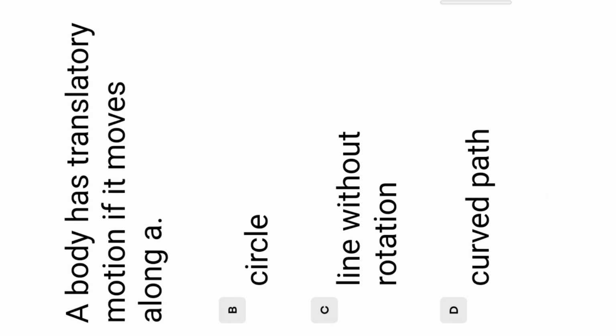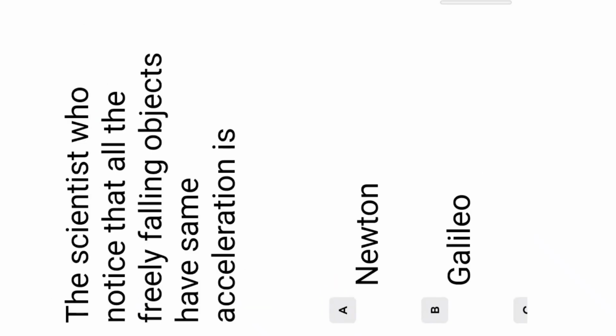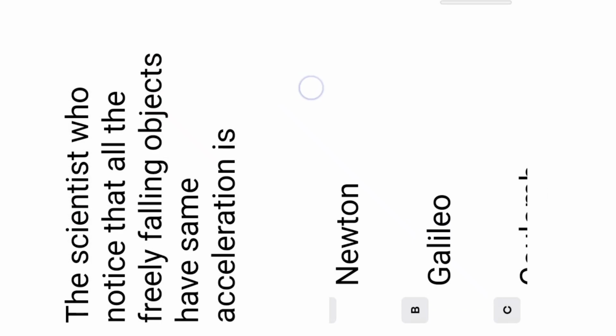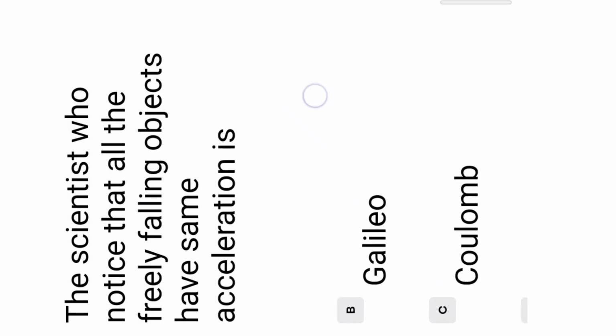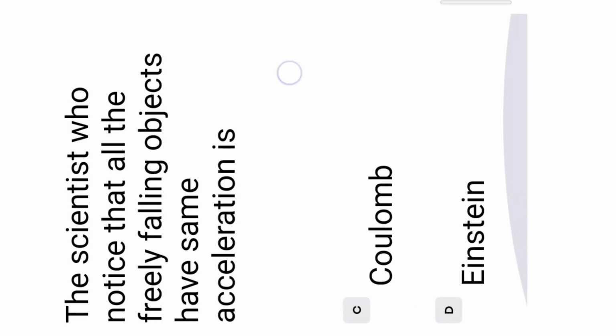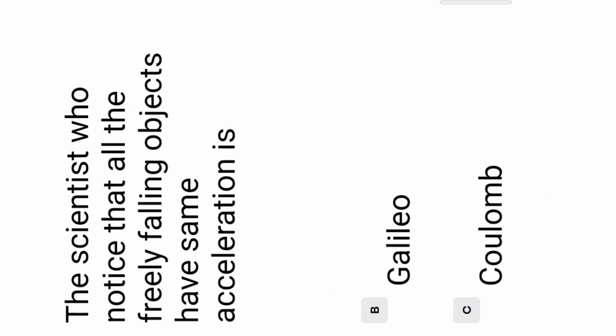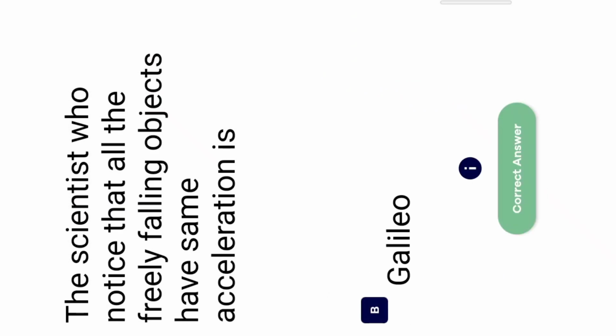C is the correct answer, line without rotation. The scientist who noticed that all freely falling objects have the same acceleration is A Newton, B Galileo, C Coulomb, D Einstein. The correct answer is Galileo, so we take B.